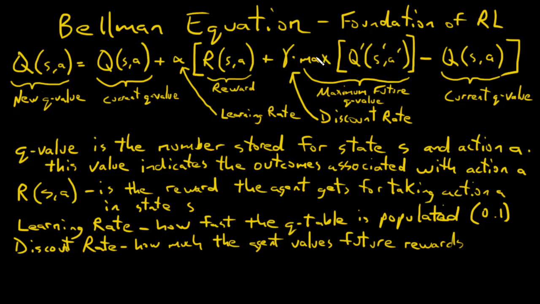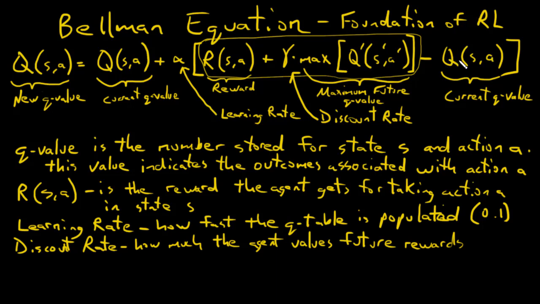This is just the maximum value, not reward, the maximum Q value that you're going to get if you make a certain move. Okay? Now, we're subtracting off the current Q value right here. So basically, you can lump all this together and then you subtract off the current Q value because you want to see how much things are going to change given a specific action.